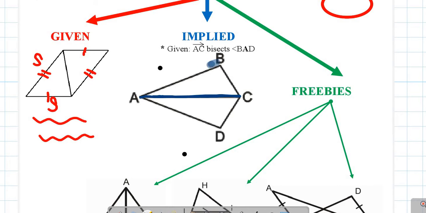Angle BAD is being bisected, so you sweep it. Then that implies that these two angles are congruent. You have a pair of congruent angles. So it's implied by that word, AC bisecting the angle BAD, that these two angles are congruent. It's implied.